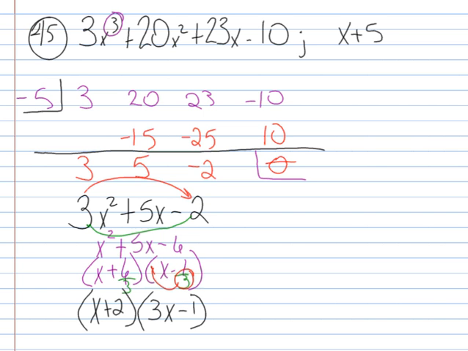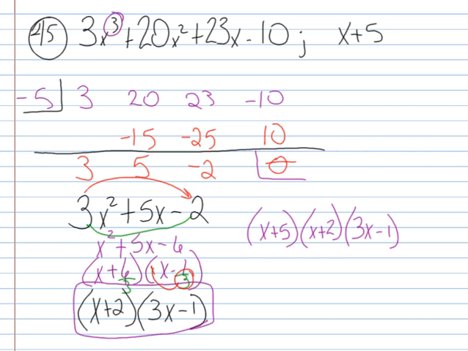And there's my two new factors. So the complete factored form for number 45 would be x plus 5 times x plus 2 times 3x minus 1.